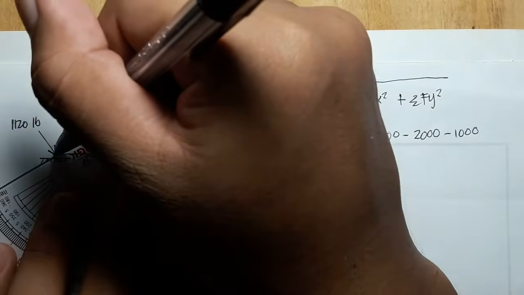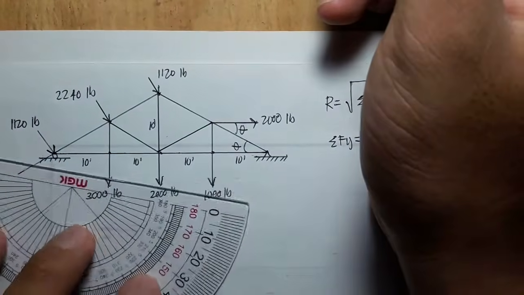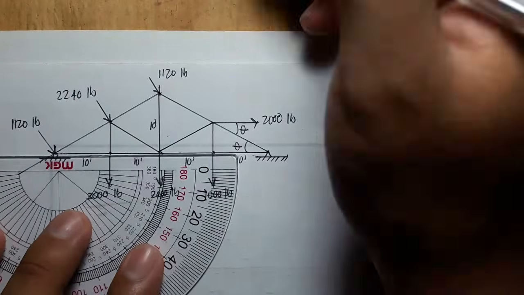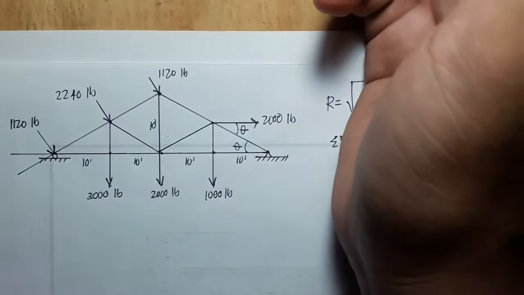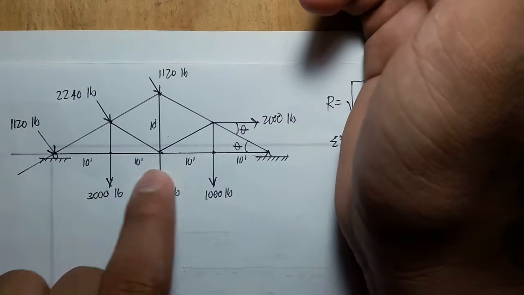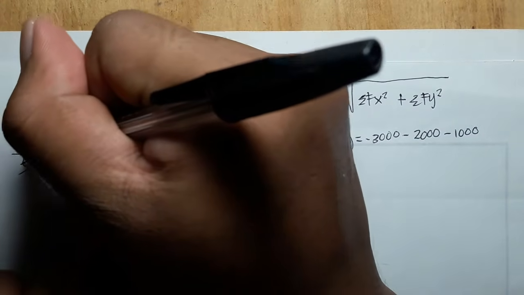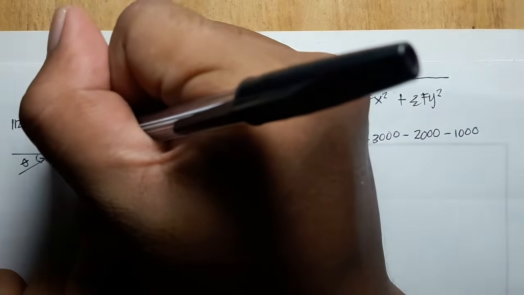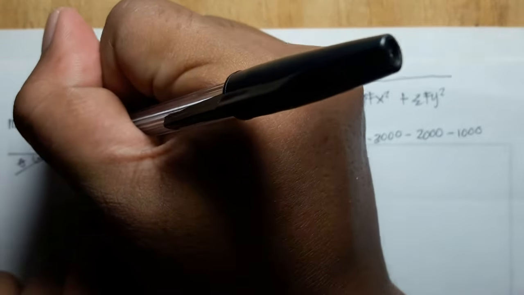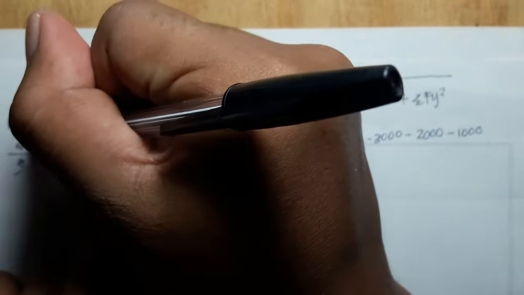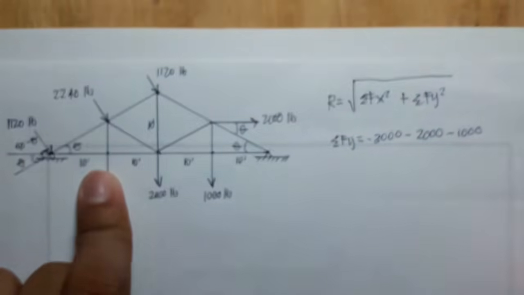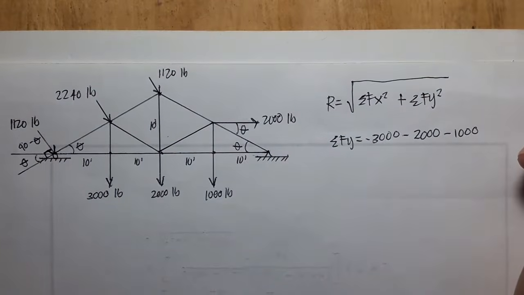If we extend this and this, this is theta, this is also theta, and this will be theta. This is perpendicular, so this is 90 minus theta. So we would like to solve for theta.